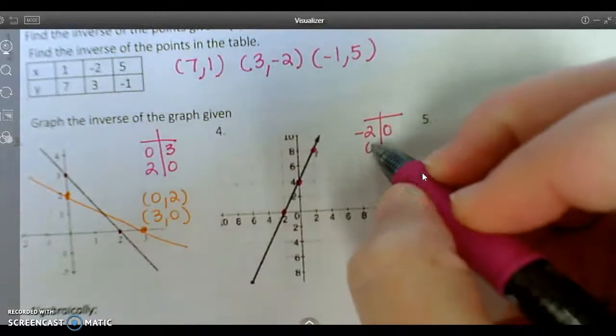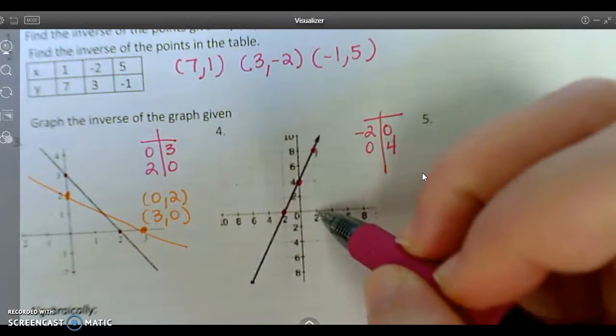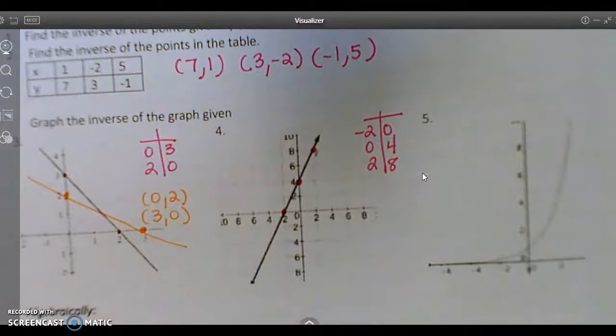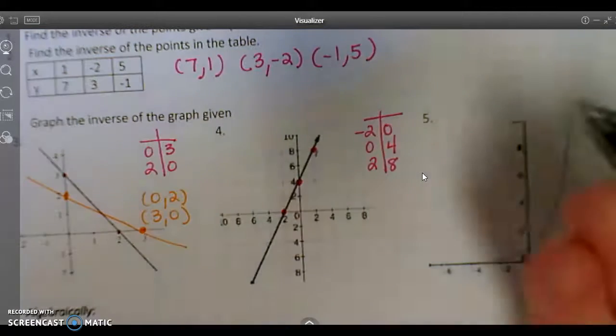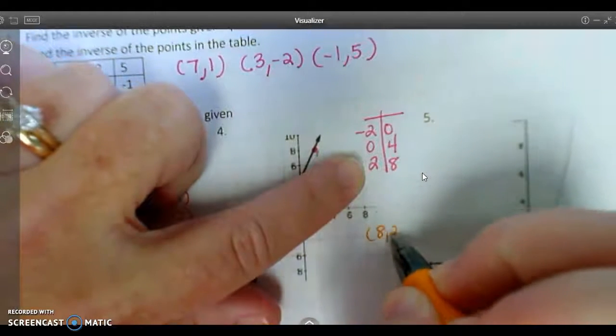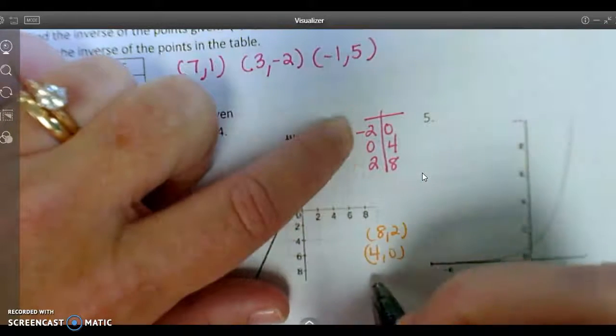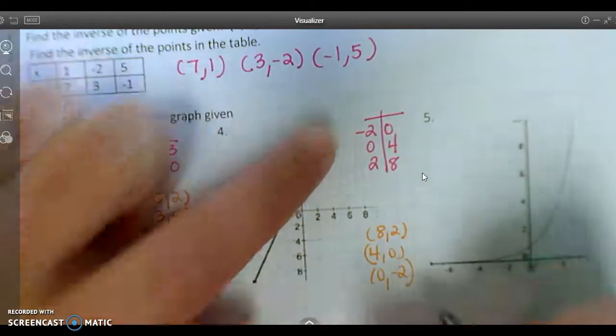We have a point here of 0, 4. And a point here of 2, 8. So then I switch them and I graph the new things. So 8, 2, 4, 0, 0, -2.